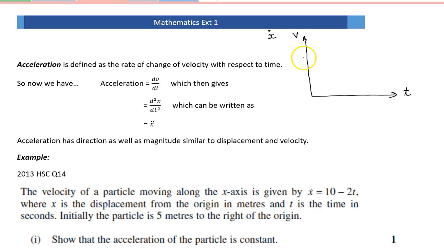So if we've got velocity in terms of time, now velocity we got from differentiating displacement, then we could be finding its turning points. We could differentiate, find dv/dt, and find some things about velocity.